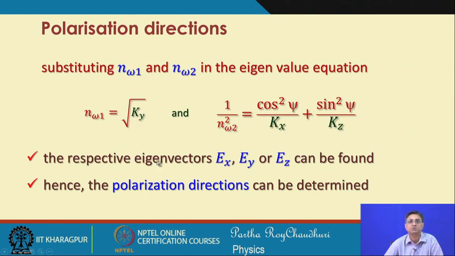So, these are the two respective eigenvalues for the wave which is propagating in the x z plane, and the eigenvectors corresponding to these, E x, E y and E z, can be found the same way we have done for the z propagating wave. Hence, the polarization directions can also be determined by knowing the solutions n omega 1 and n omega 2.